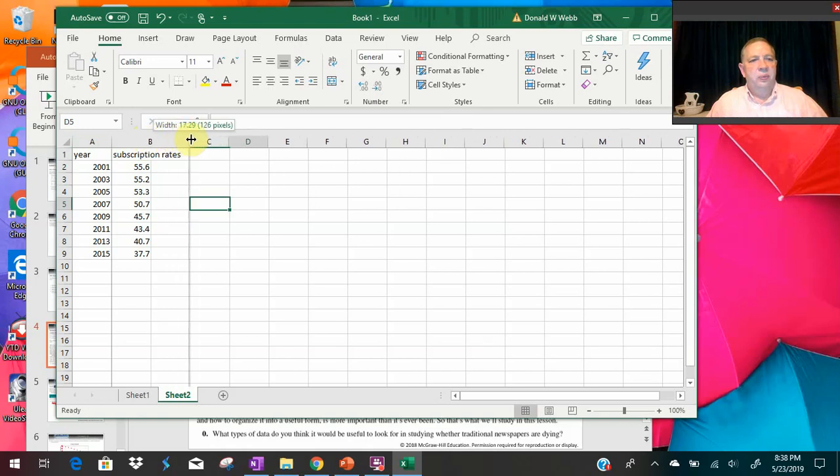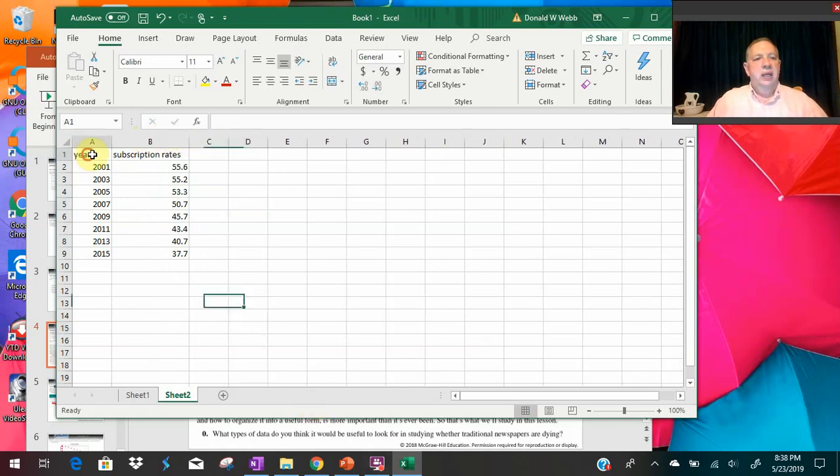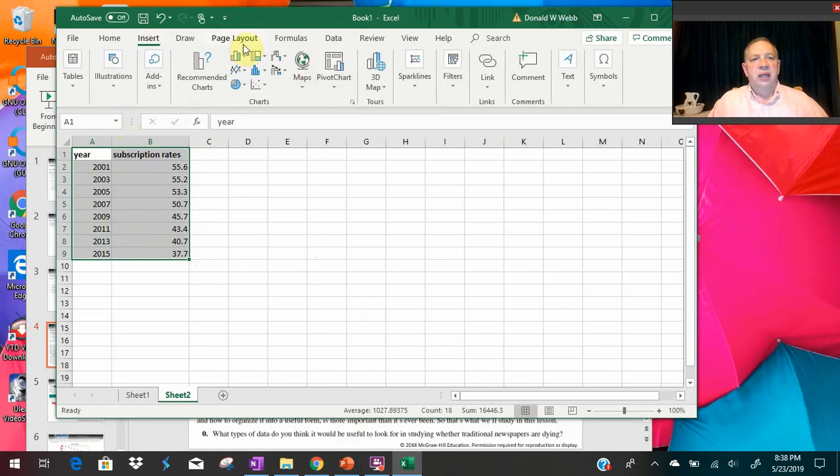Open this up a little bit. We could do some things like bold. Open it up a little bit. Okay. But I want to select these two. Everything. Excel is usually pretty good to recognize that these are just titles of the data.